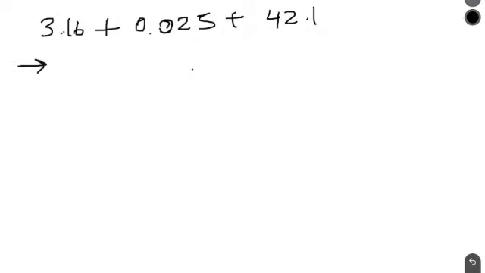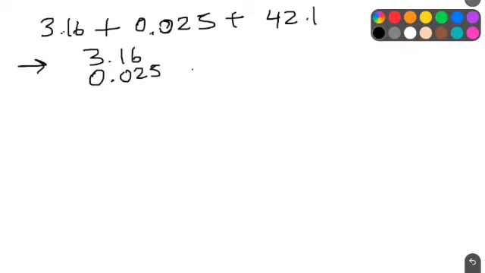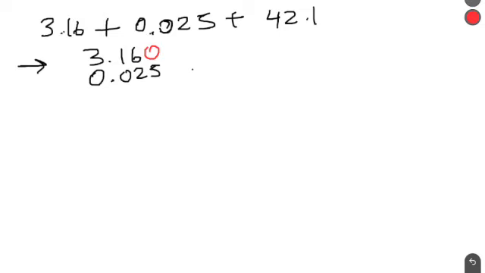So you have 3.16 as the first number. The second number is 0.025. So the point goes here, and you have 0.025. The first number does not have a digit here, so we just put a 0 as a holder, just to hold the place.